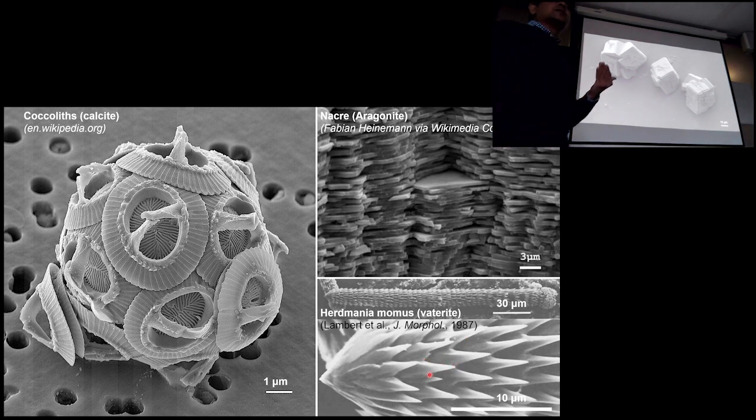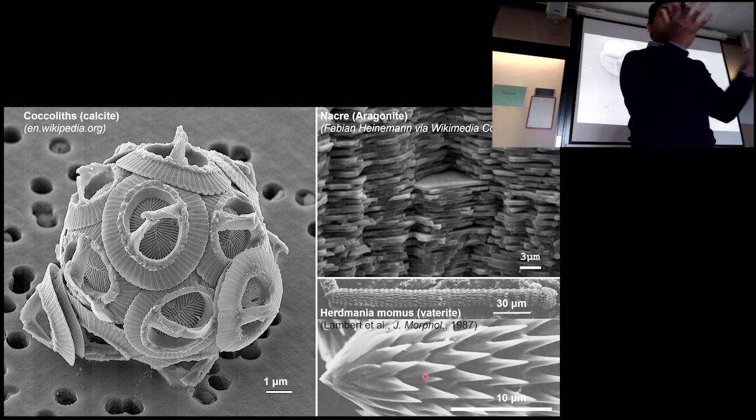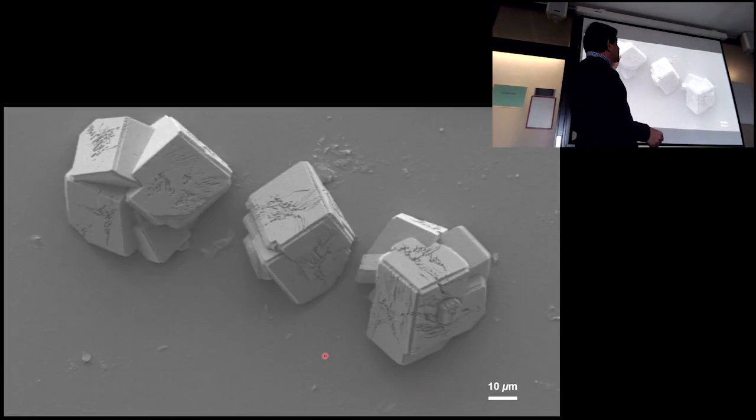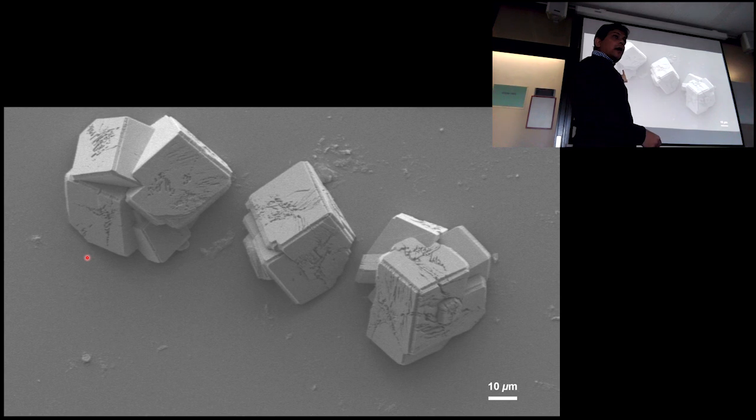Now, the surprising part is when we engineers apply the principles of mineralization in the lab, this is what we get. We get structures which are called rhombohedrons, okay? And there is absolutely zero control over the morphology of the crystals.